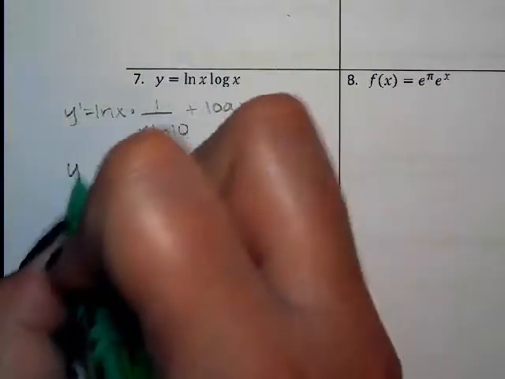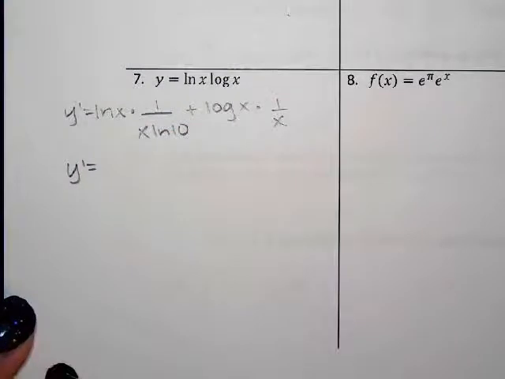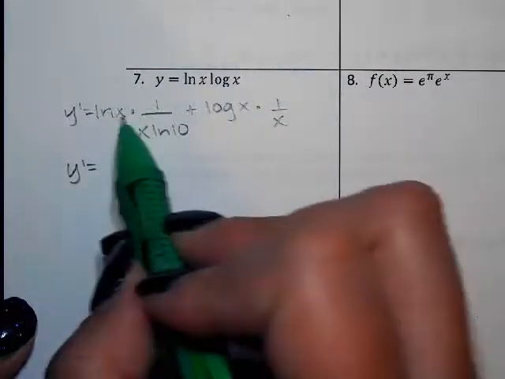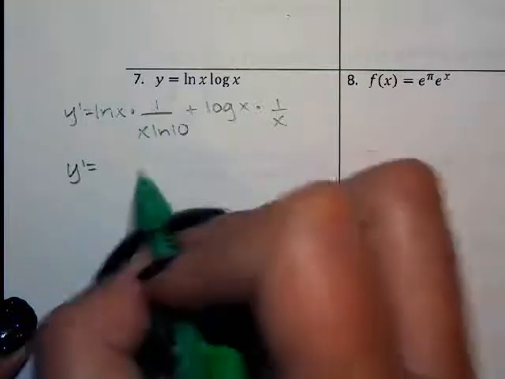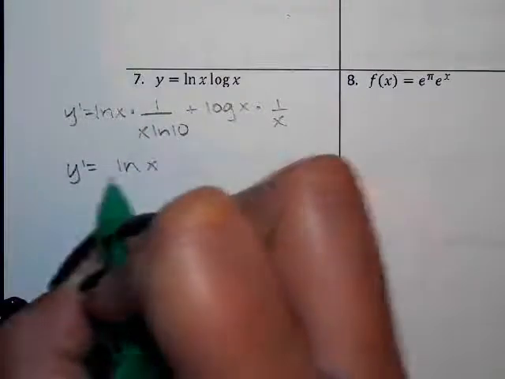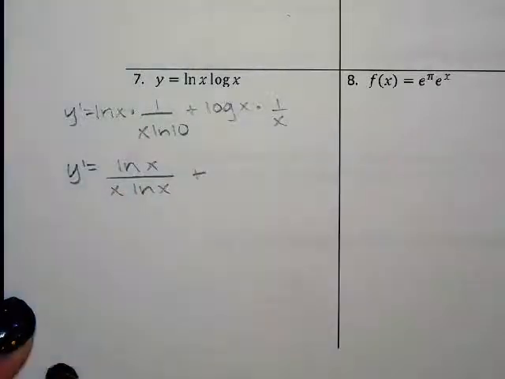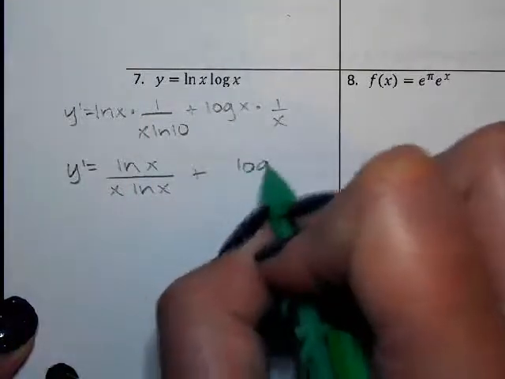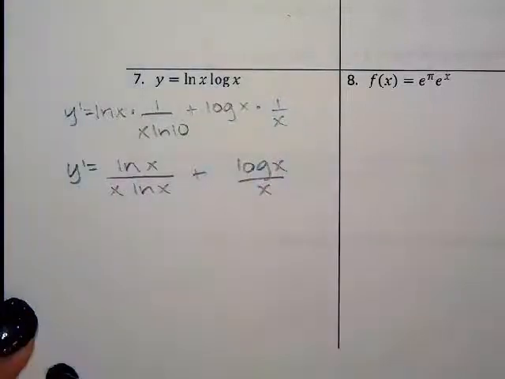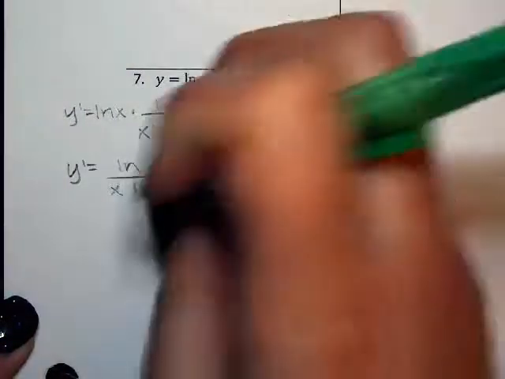So as we are cleaning this up, we have ln x over ln 10, right? Ln x, we still have the x on bottom, x ln 10. Oh, ln 10. That was a typo, sorry.